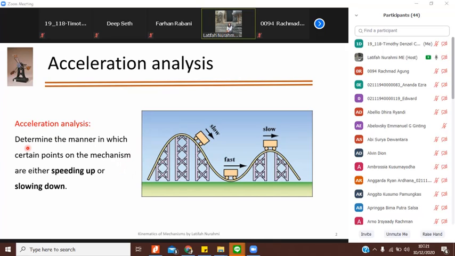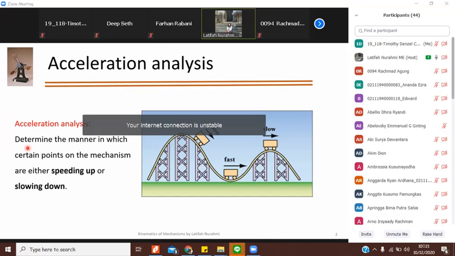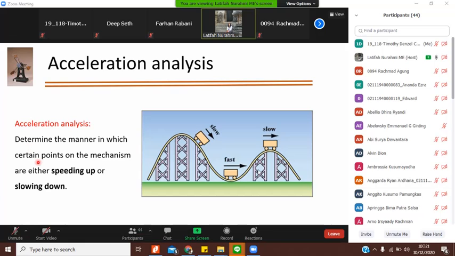So we want to find the manner. The manner is the behavior in which certain points, so pay attention, certain points.